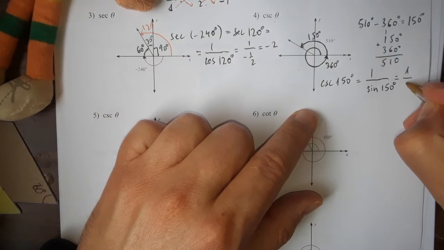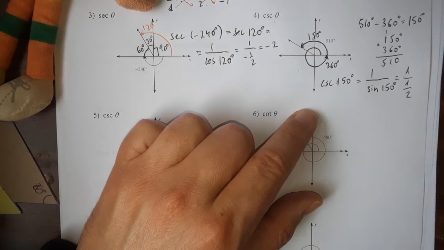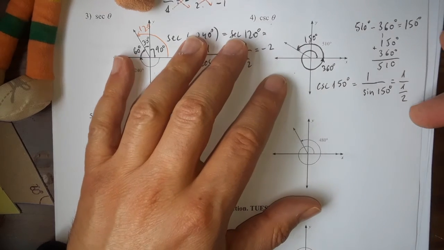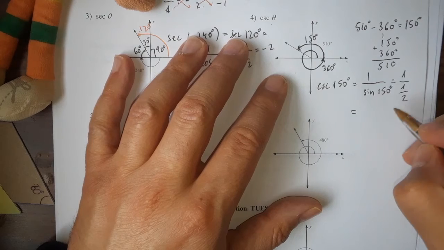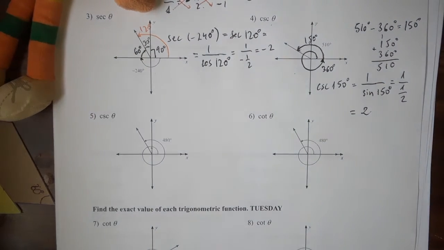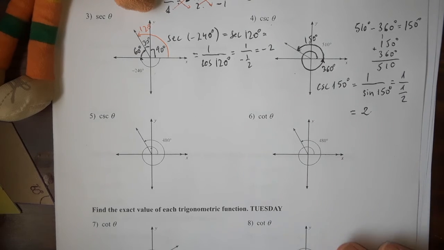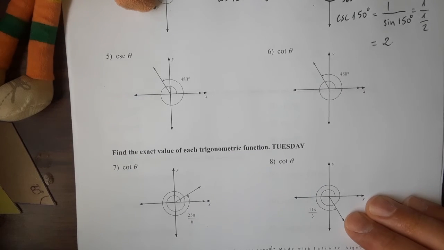That's 1 over 1/2. And again, what we're doing all the time is just flipping, right? That's what the reciprocal means. So this is 2. And we're done. Okay? So that's about it. These are the same.